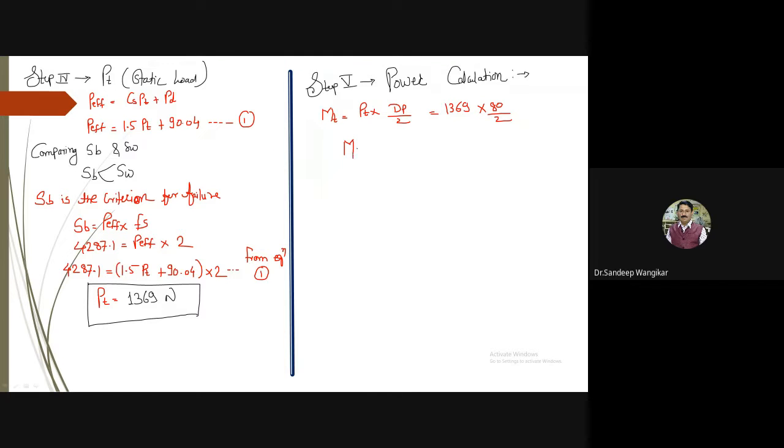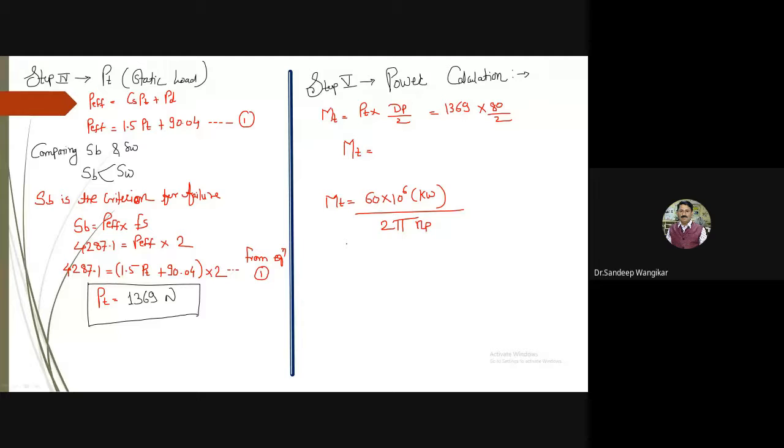So you will get the value of EMT, and finally we are having EMT is equal to 60 into 10 raised to 6 kilowatt divided by 2 pi ENP. Tell me the EMT value.